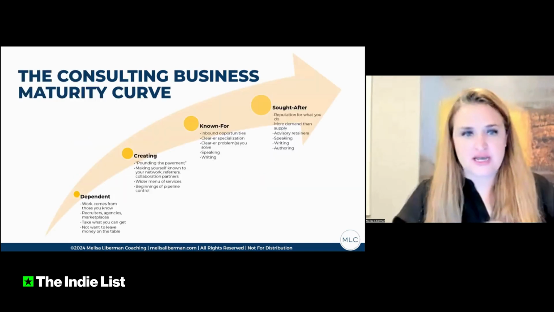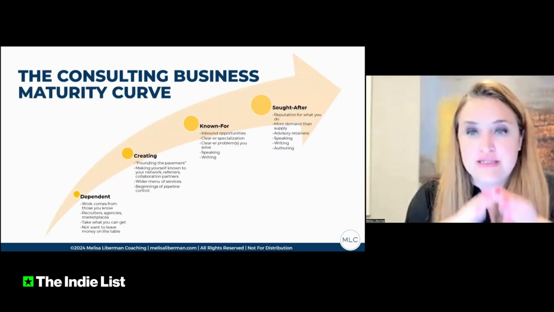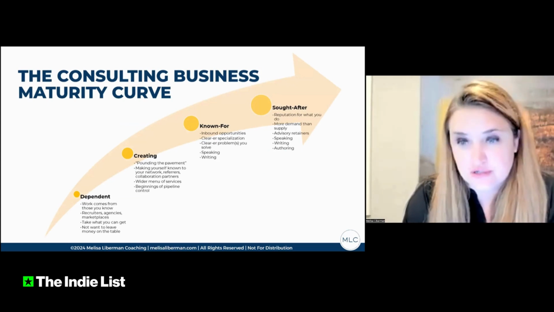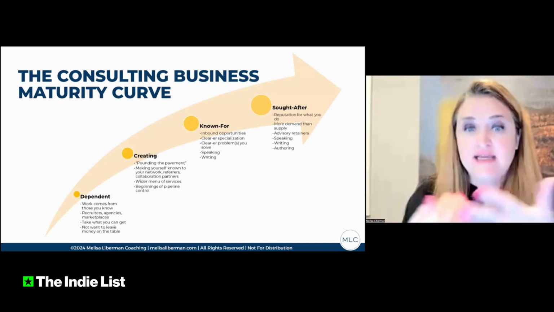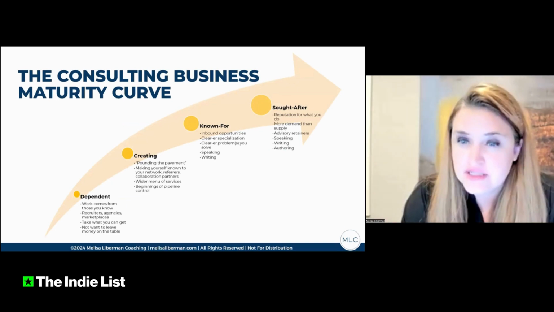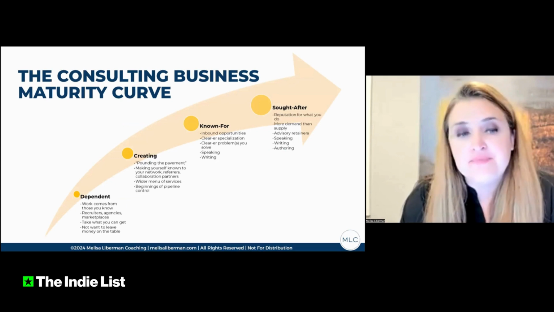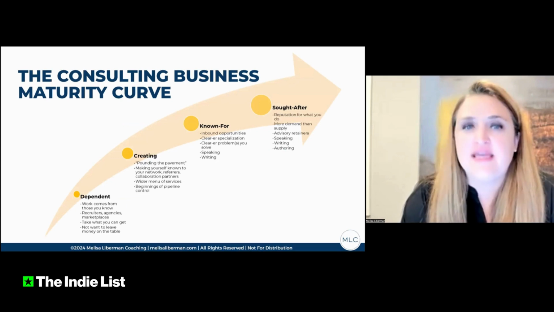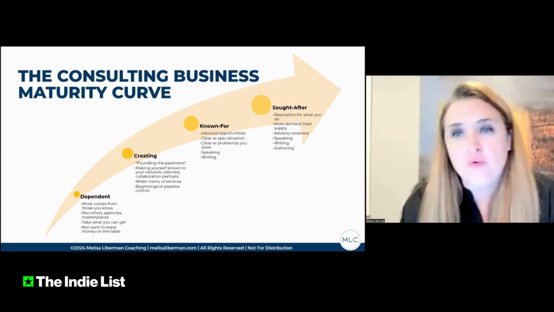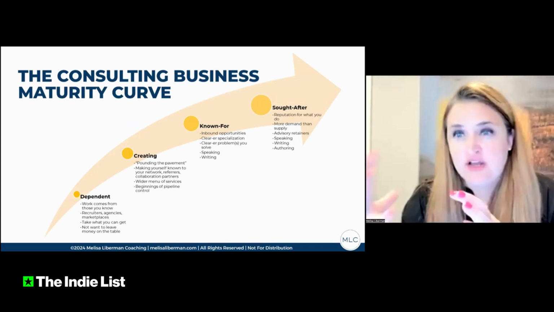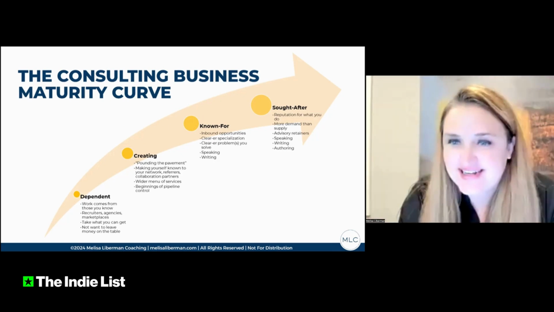So the first thing I want to share with you is this high level picture, what I call the consulting business maturity curve. And this is something that just taking a step back and working with hundreds of independent consultants, I'm constantly thinking about what sets some consultants apart from others. Why do some consultants have more demand than they can handle?